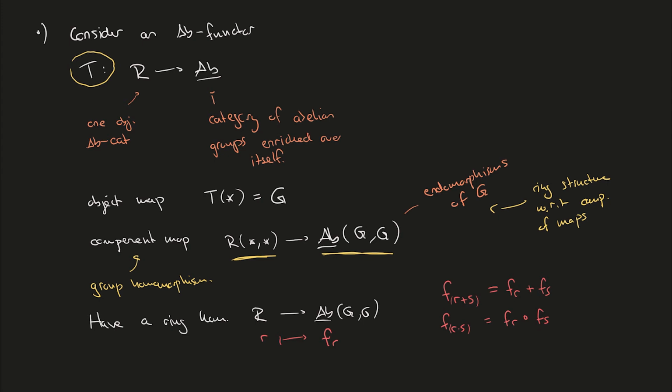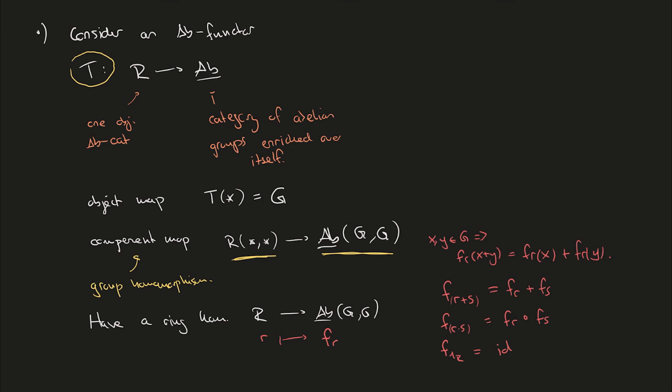And finally, we have that f of the identity in R is equal to the identity morphism, or just the identity function on the group G. Finally, we recall that these endomorphisms are group homomorphisms from G to itself, so if we have any elements x, y in G, then f_r of x plus y is equal to f_r of x plus f_r of y.